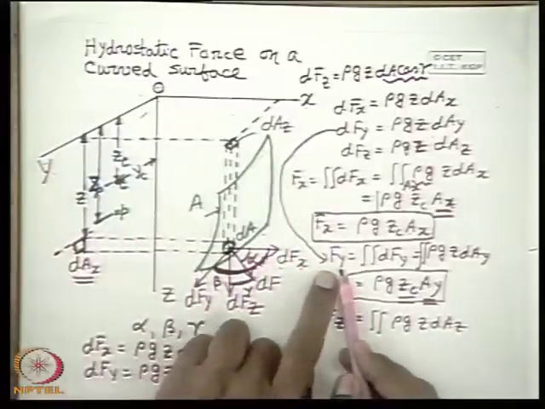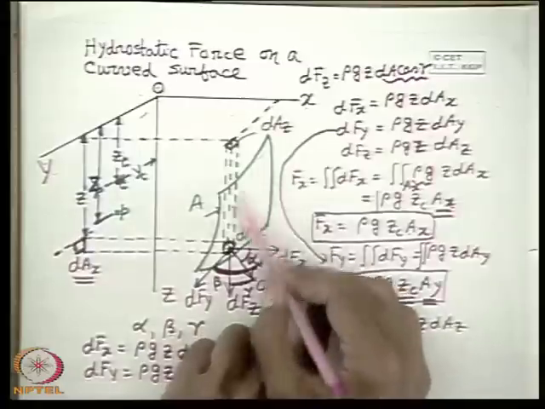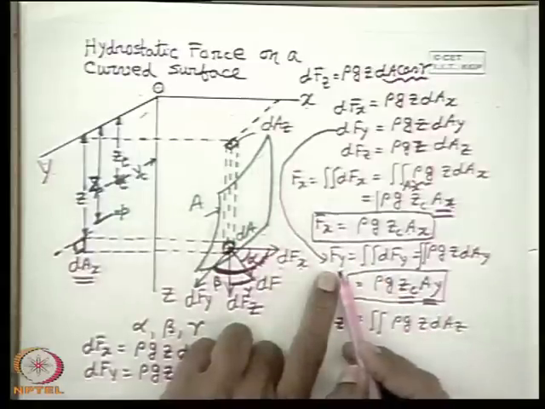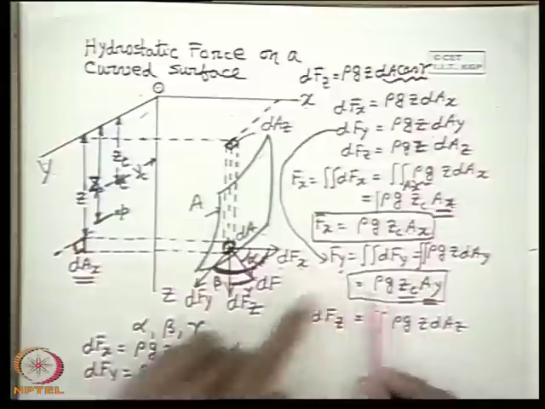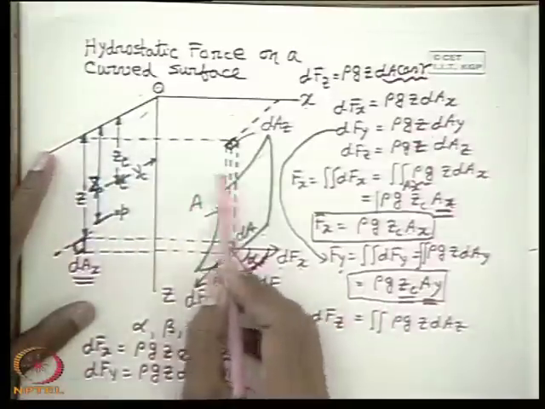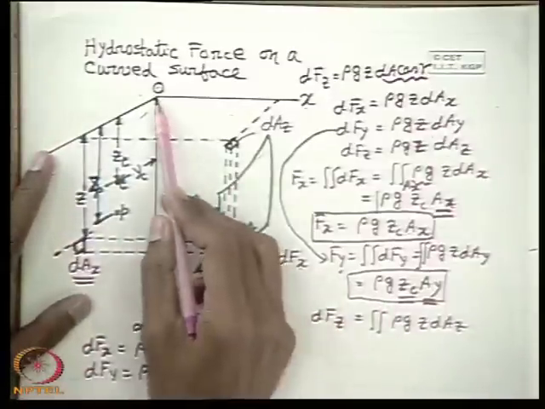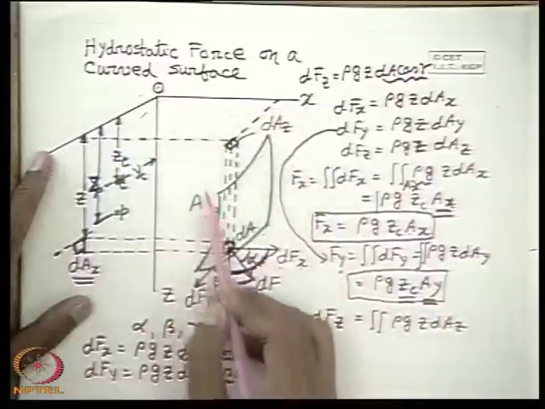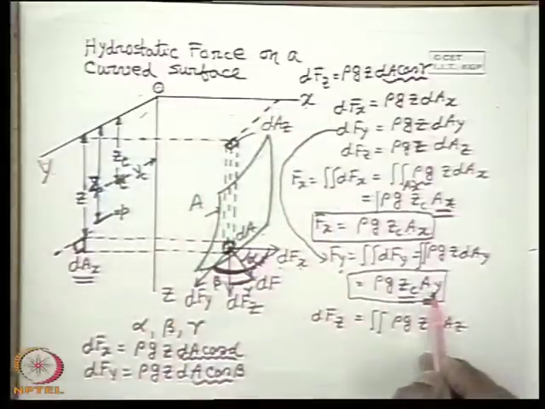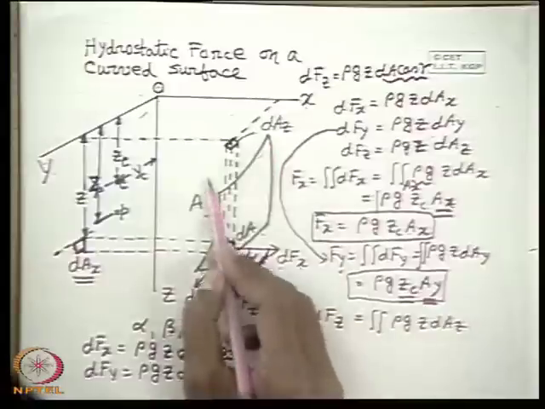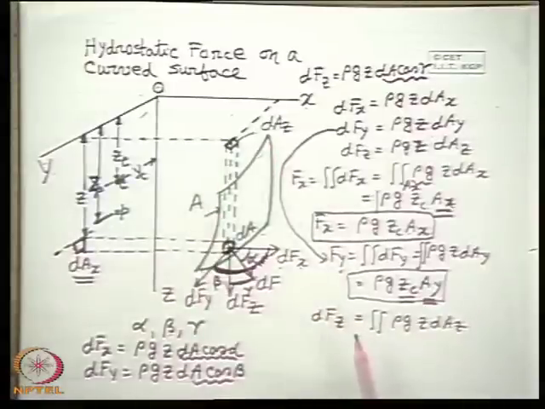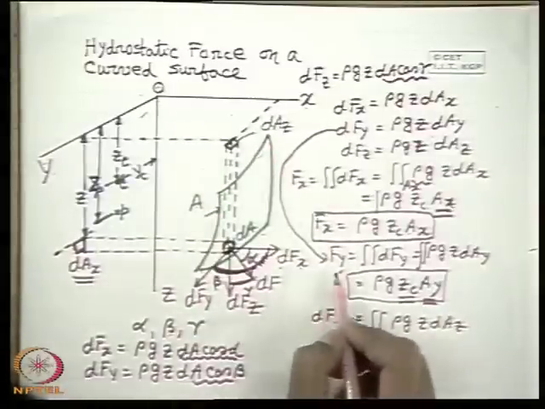Similarly, the y component of force on this curved surface is equal to the hydrostatic force on a plane surface which is parallel to the xz plane, and whose area is equal to the projectional area of the surface on the xz plane.